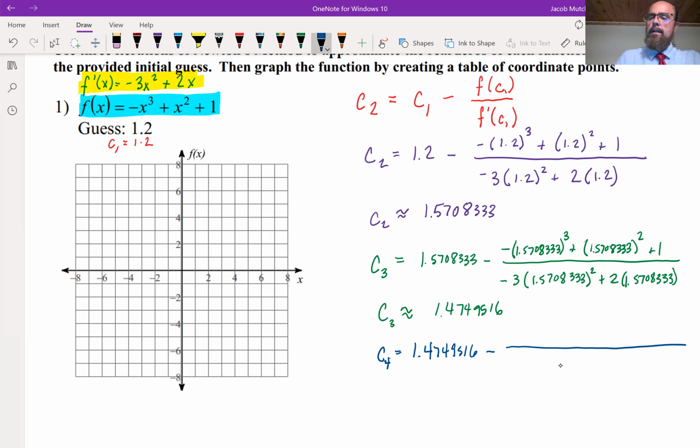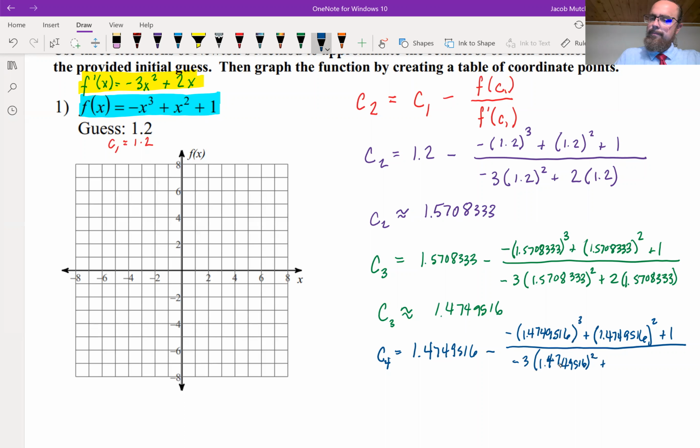Minus, so again, it's the same function, it's just the x value that's changing, and I'm using the previous approximation with each subsequent approximation. And again, a lot of the work is just writing that decimal repeatedly. So there's the value of the derivative there.